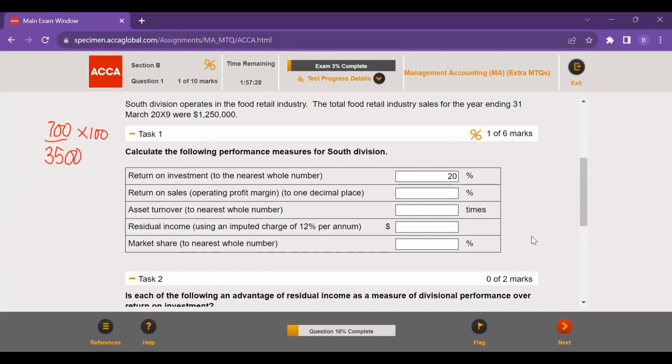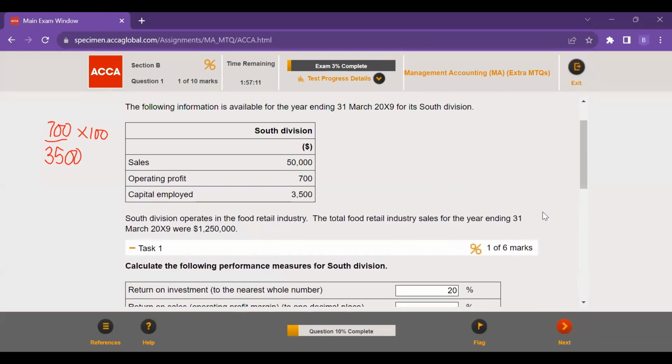Now let's move on to the next one. The return on sales, which is the operating profit margin, we have to calculate that. Operating profit is already given as 700, and the sales is 50,000. So in the numerator you take the operating profit of 700 and divide that by sales of 50,000, and then multiply by 100 to get a percentage.